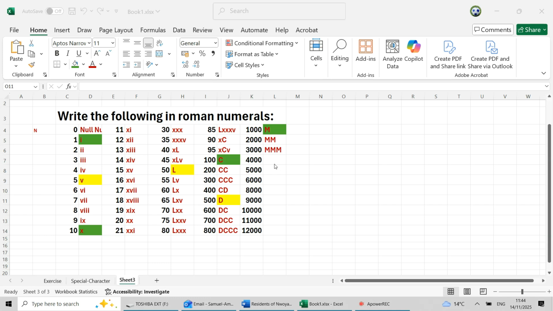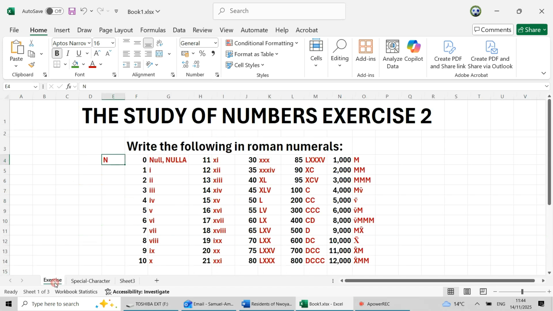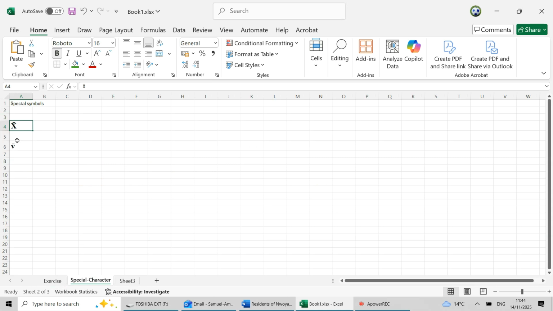So I'm going to go by giving you both cases so that your teacher will decide, because they are all correct. For example, to write 4,000, I myself would prefer to write 5,000, which is the special character that I had here.